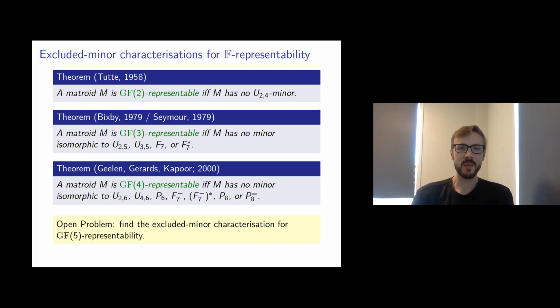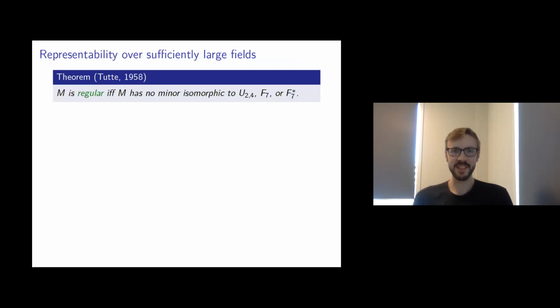I'm not going to talk so much about this problem, but I'm more interested for this talk in a different sequence of results about excluded minor characterizations. This is when we look at the class of matroids representable over all fields of size at least something. If that something is 2, then we just get matroids representable over all fields, known as the regular matroids. And Tutte showed that there are these 3 excluded minors for regular matroids.